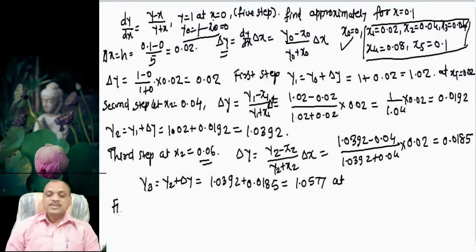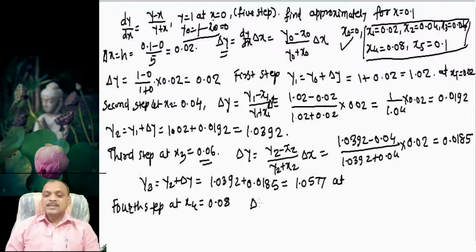So the fourth step is at x4, which is 0.08.